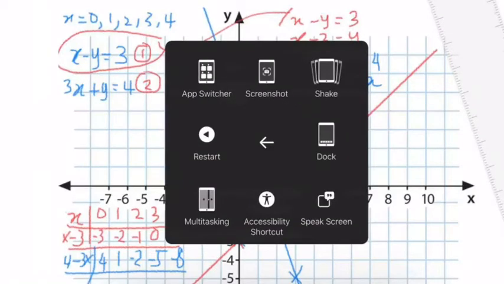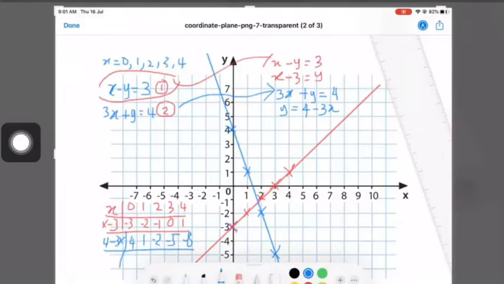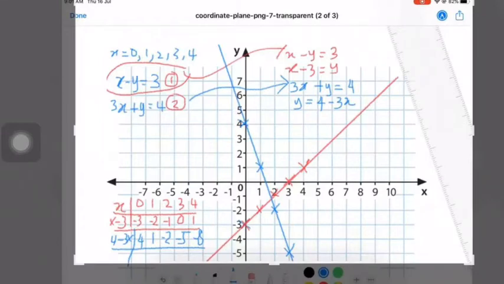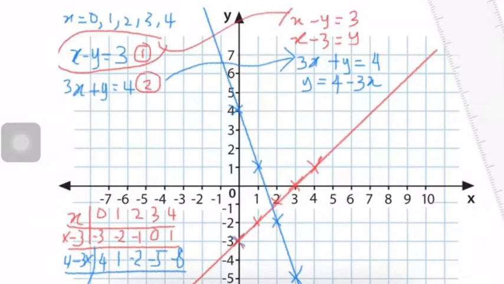Teacher, I still don't quite understand yang 3x plus y tu. How to solve it? 3x plus y. Okay, I will go back there. Sekejap cikgu nak save dulu gambar ni. Nanti kita nak pakai balik. Okay, 3x plus y ni. Yang ni, 3x plus y equals to 4. Ya, teacher.